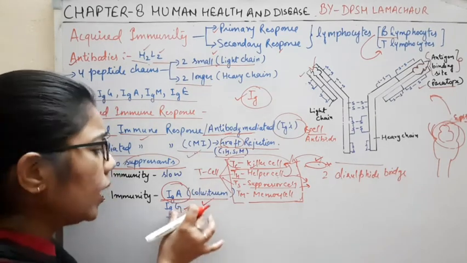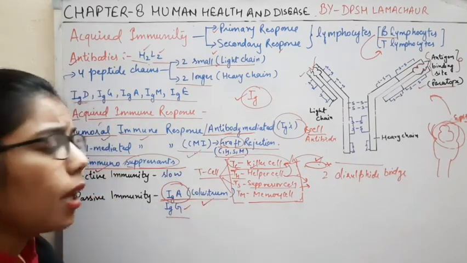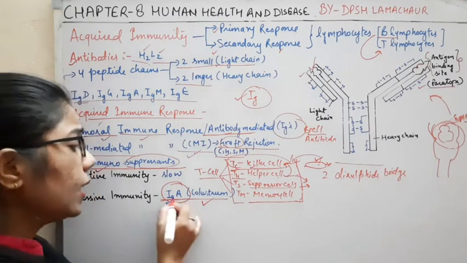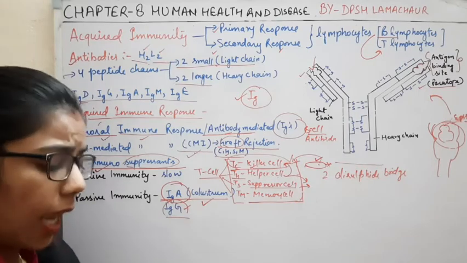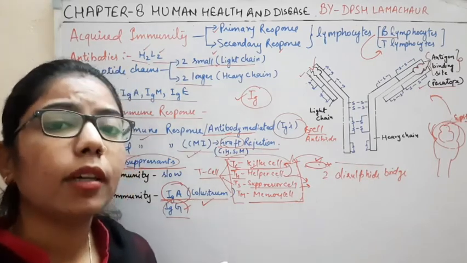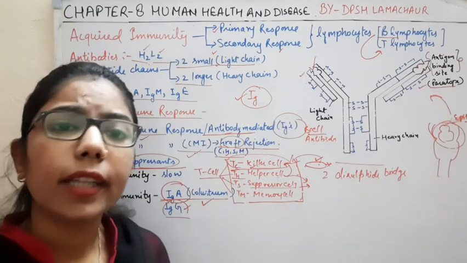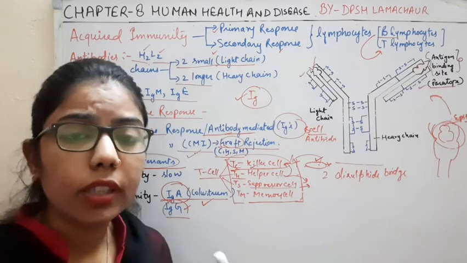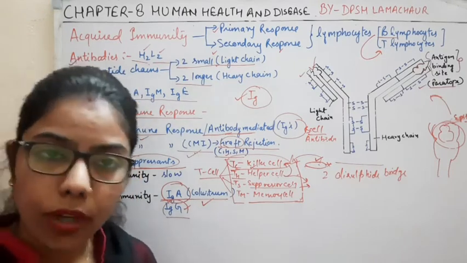This is the only antibody which will pass through the placenta. This means that when the fetus or baby is inside the mother's womb, their body fights the pathogen with the help of antibodies.